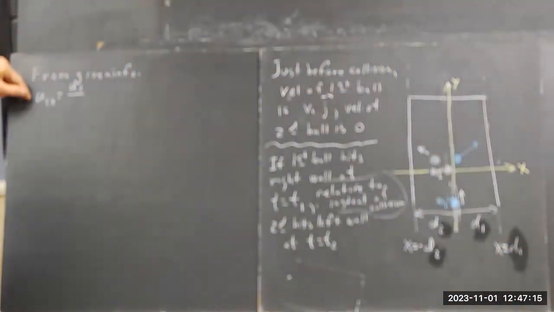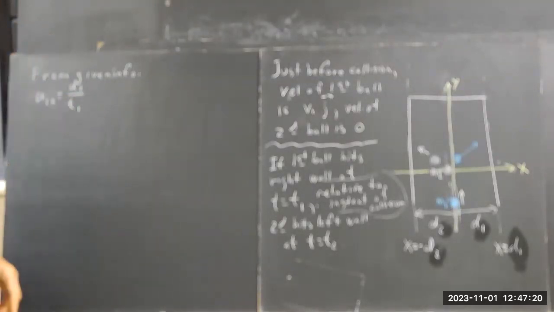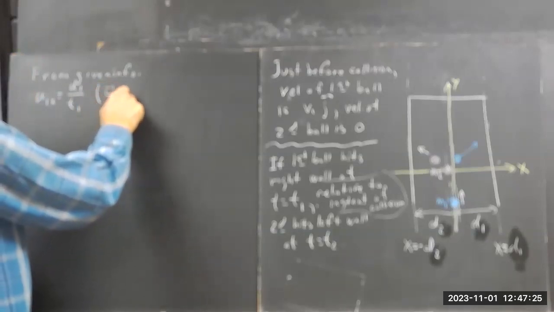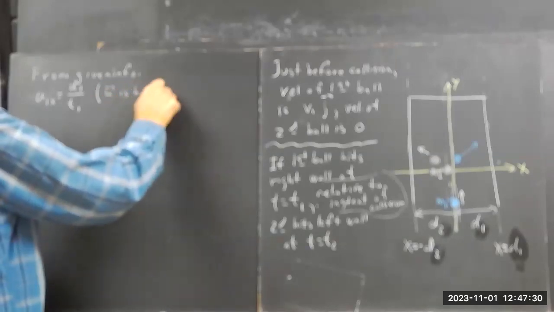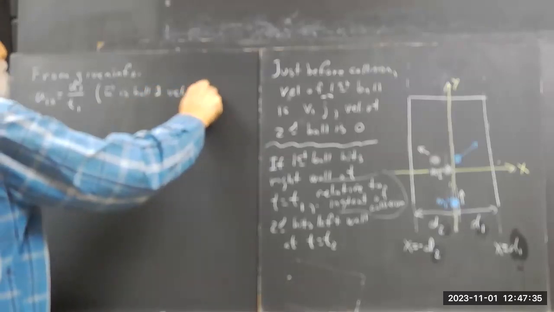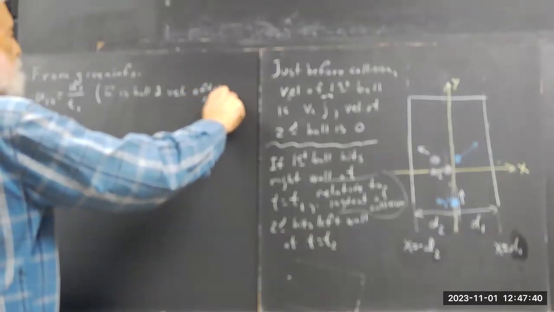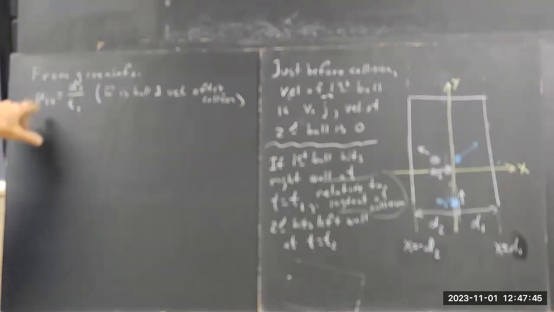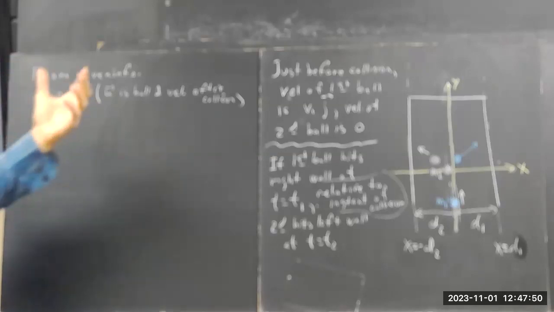Now I can say what I want to say: U1X is D1 over T1, where U is the ball one velocity after collision. Don't need an arrow over this, it's just the X component, although if we wanted the vector X component, we could do U1X times i.